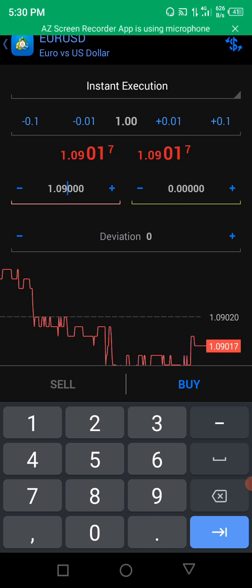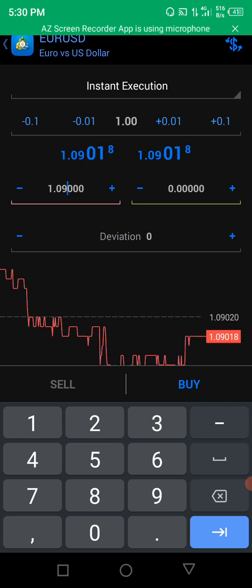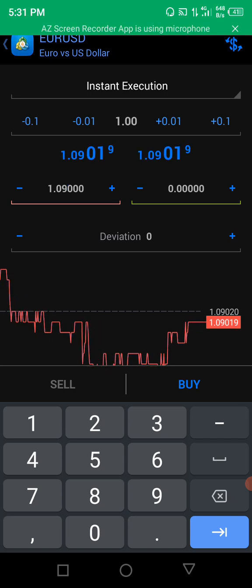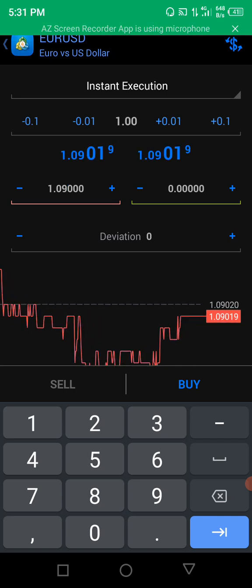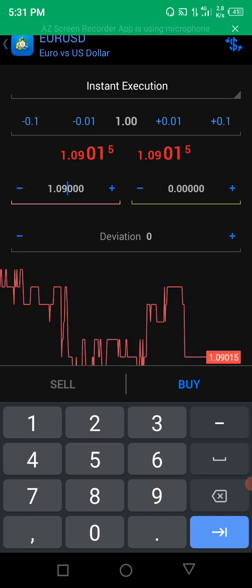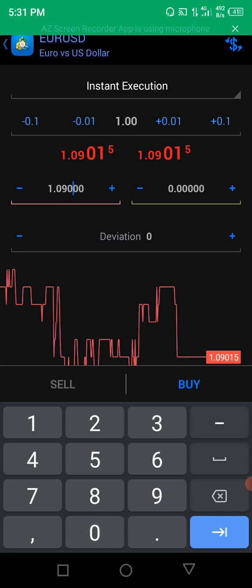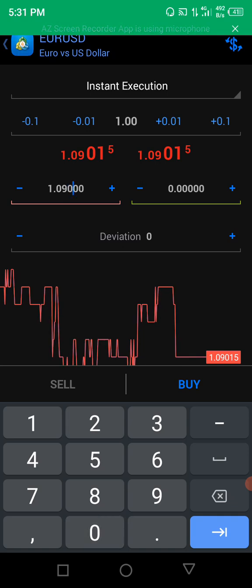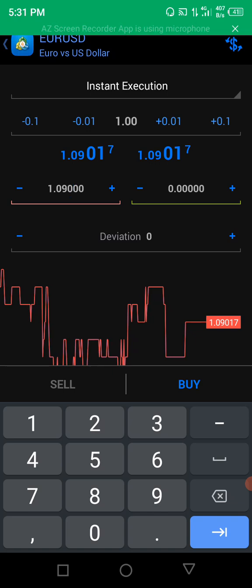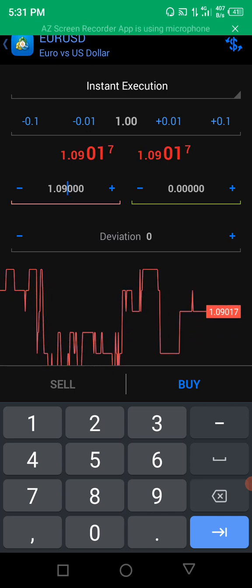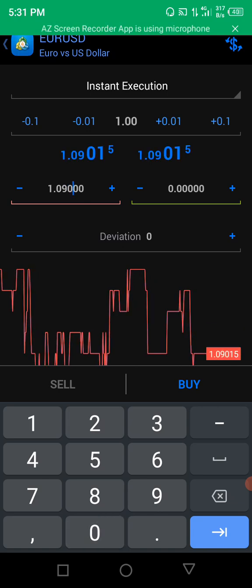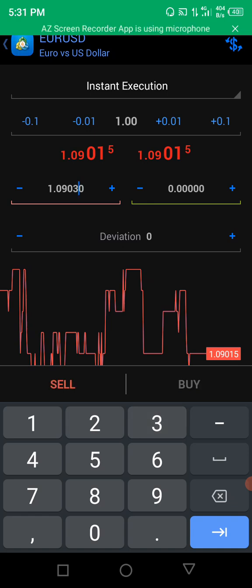1.09. Okay, so if we are selling, then our stop loss should be higher, let's say 30.